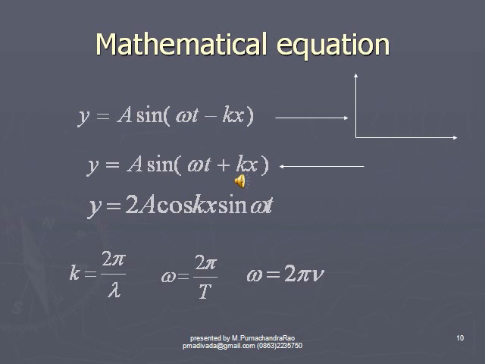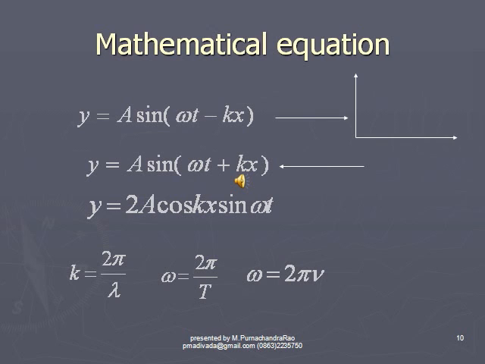The equation of the resultant stationary wave is given by y = 2a cos kx sin ωt. Here k is known as the propagation constant and its value is 2π/λ.